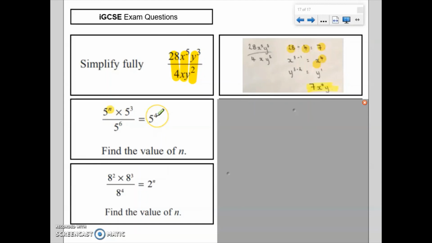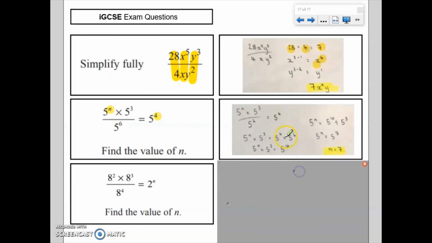For the second one, we need to work out what number would go here in order for my final index number to be a 4. So you could just have a think about that and decide what number, when you add it to 3 and then subtract 6, you're going to be left with 4. Or you could apply a bit of mathematical notation by creating an equation. So what I've done here is I've basically multiplied both sides by 5 to the power of 6, which resulted in this multiply by 5 to the power of 6.